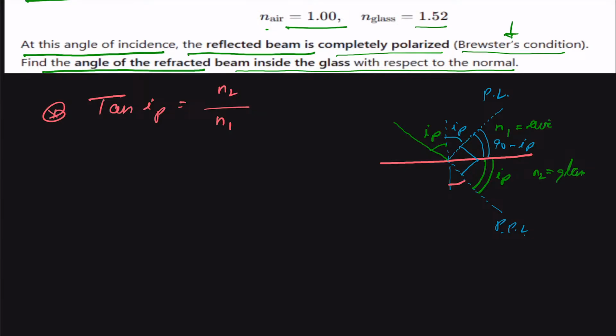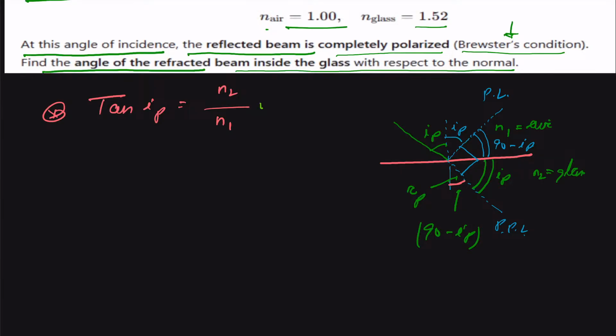If this angle is the refracted angle, let us call it R of P, then with respect to this I of P, we can write this as 90 minus I of P. Mathematically, we have these various angles associated with the Brewster condition, which states that the tangent of this incident angle I of P will be equal to the ratio of the denser medium to the rarer medium. N2 is our glass, N1 is our air.